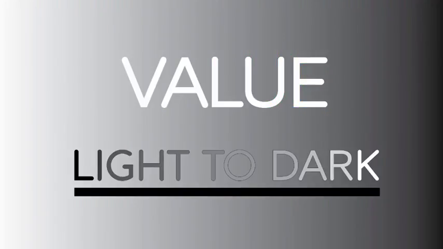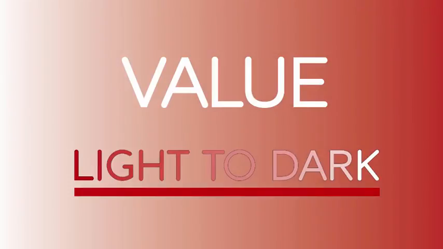The second attribute of color is light to dark. In other words, its value. Now we can think of this as grayscale, like we're looking at here, and that's very easy to see. At one end of the scale is 100% of the color, black, and at the other end is 0%, white. But value obviously works with any single color.